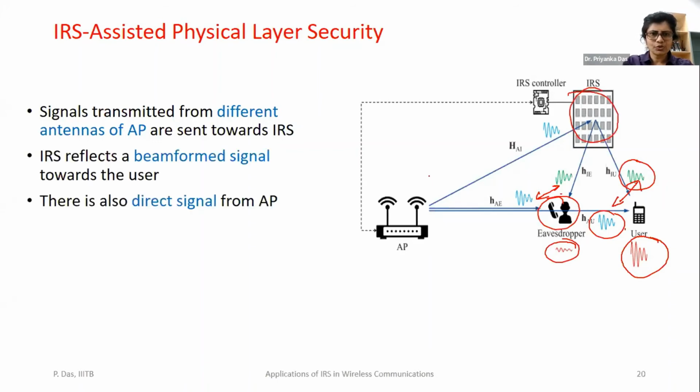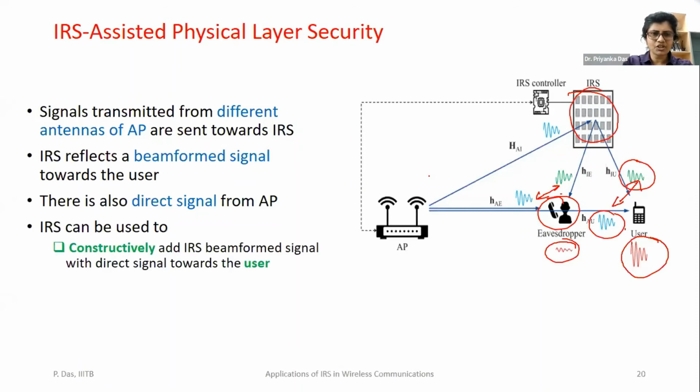So we have to make sure constructive interference is there between the IRS reflected signal and the direct signal from the AP at the user, and destructive interference will be there of the direct and the IRS added signal here, such that the eavesdropper will get a very limited amplitude compared to the user, which will get a high amplitude signal.